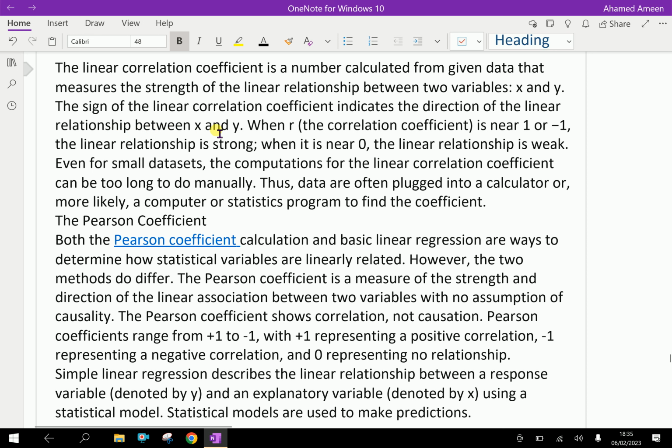The sign of the linear correlation coefficient indicates the direction of the linear relationship between x and y. When r, the correlation coefficient, is near 1 or -1, the linear relationship is strong. When it is near 0, the linear relationship is weak.